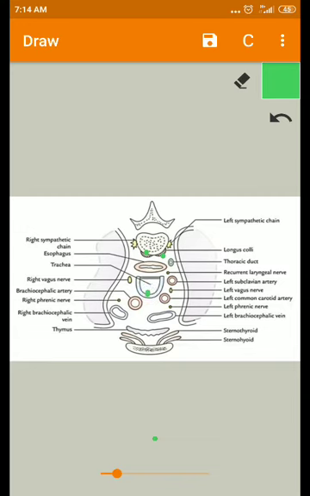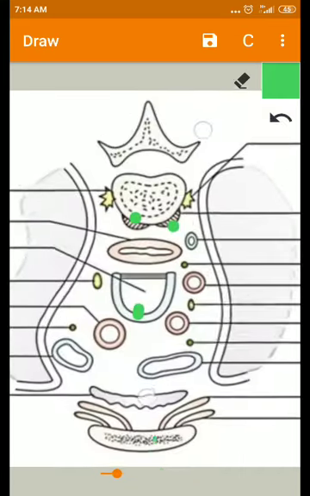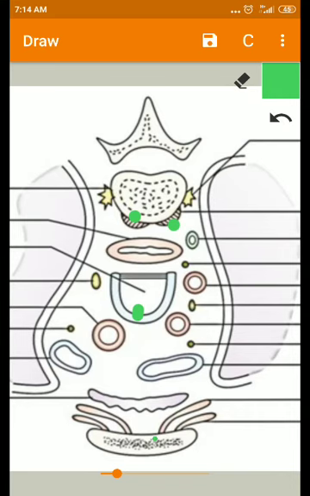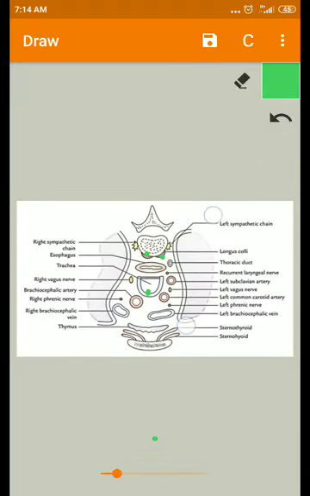I have told you that in the superior aspect the thoracic duct is related to the left side of the esophagus, and also somewhat posteriorly, so on the left side and somewhat posterior to the esophagus, the thoracic duct is present.